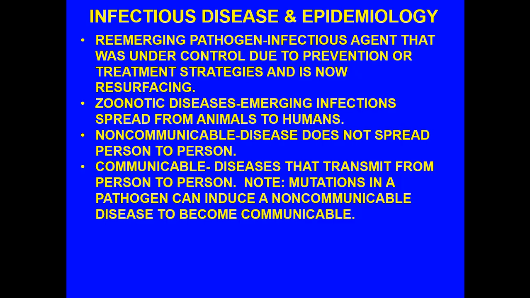Now, a zoonotic disease is an emerging infection spread from animals to humans. Case in point is either bird flu or swine flu, or even COVID-19, where it was believed that COVID-19 originated from bats, may have gone through an intermediate stage with pangolins, and then eventually jumped over into humans and became communicable by humans.